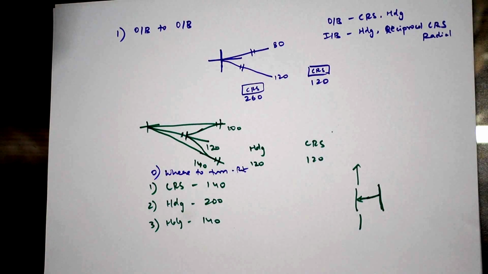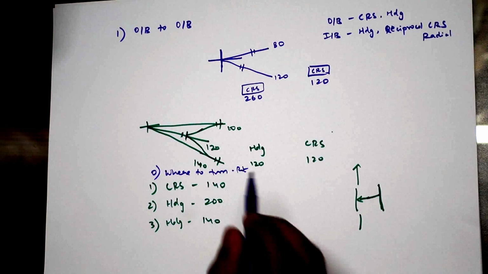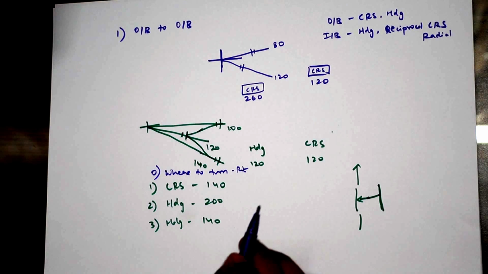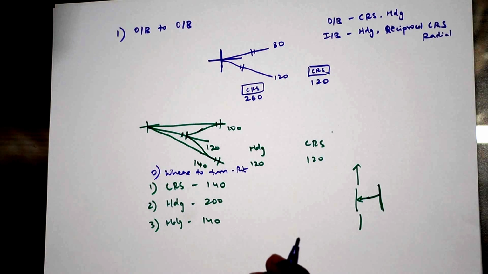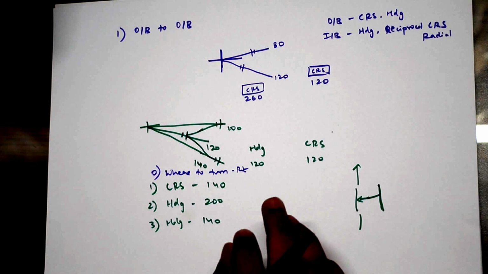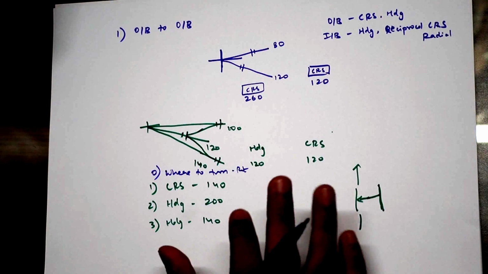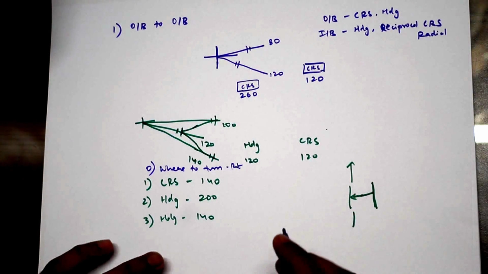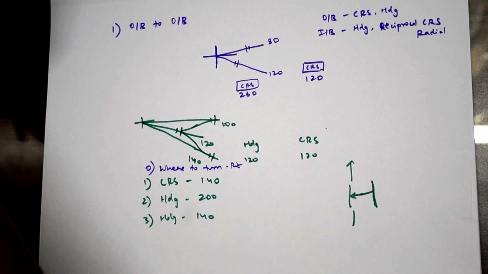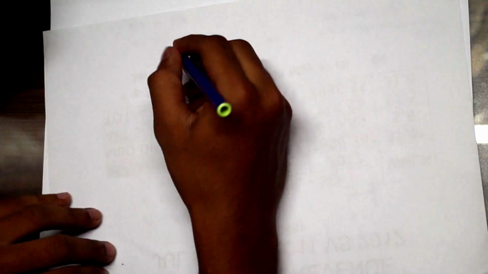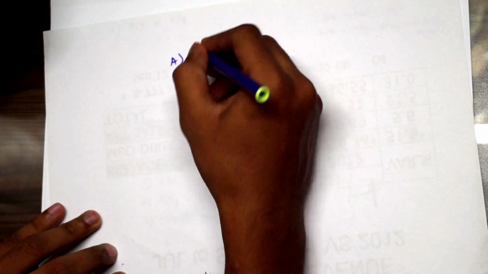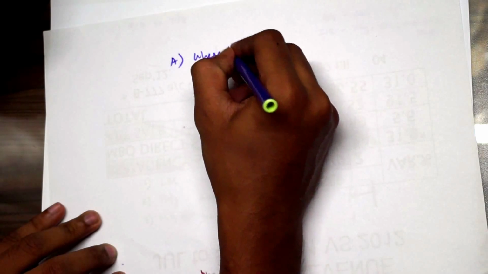Okay, so that way this outbound to outbound is complete. Now I'll give you a laid down procedure so that you can follow it for all the interceptions. Step 1, where to turn.